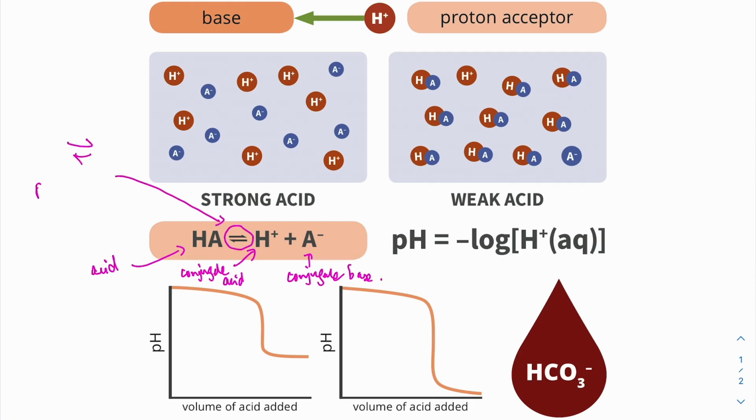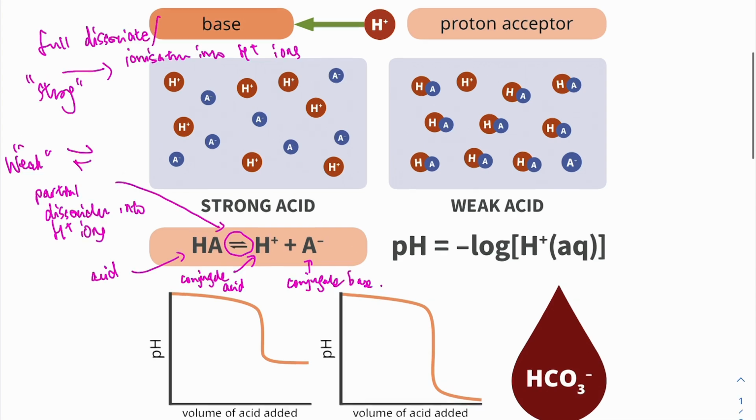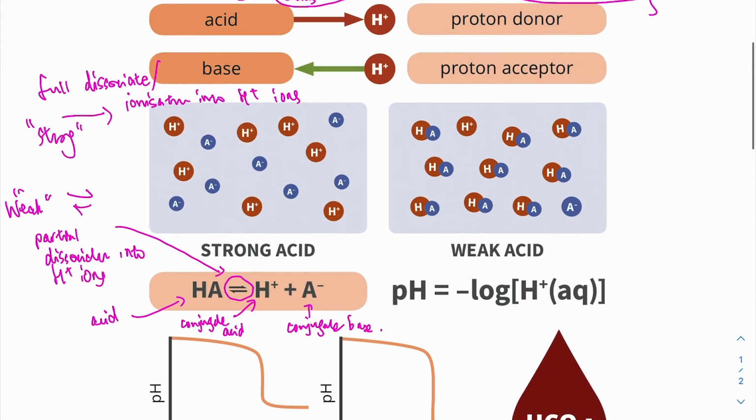That would mean partial or incomplete dissociation, whereas strong means fully dissociated. Okay, so we talk about full ionization into H+ ions for strong, and partial dissociation into H+ ions, this is the concept of weak. This is the concept of strong. I don't know why they have put that underneath strong acid, but I guess there's no meaning there.